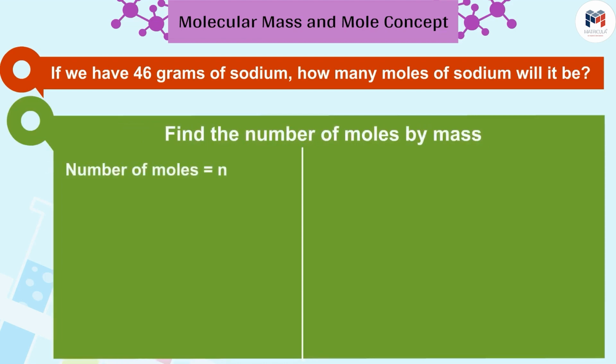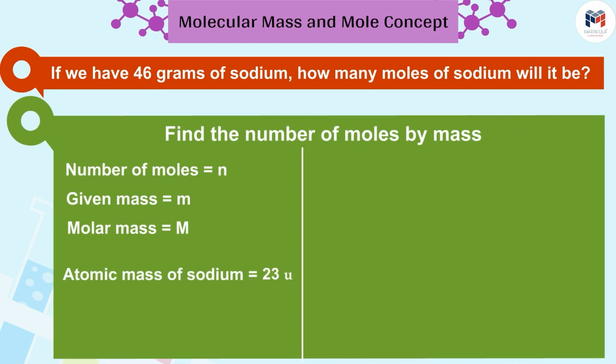Suppose the number of moles is small n. The given mass is small m and the molar mass is capital M. Now, we know that the atomic mass of sodium is 23U. This means the molar mass of sodium is 23 grams.